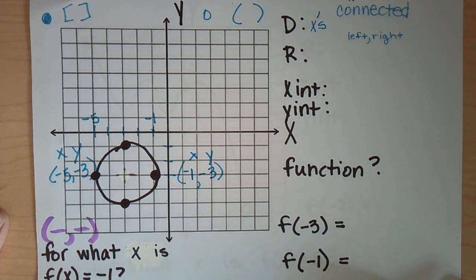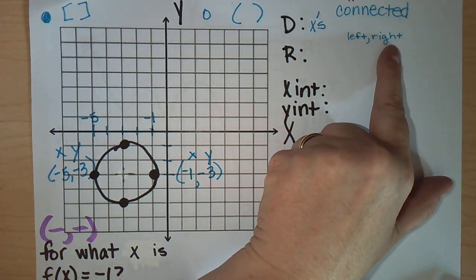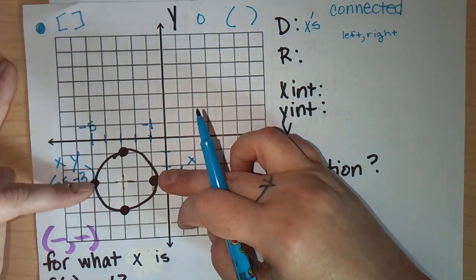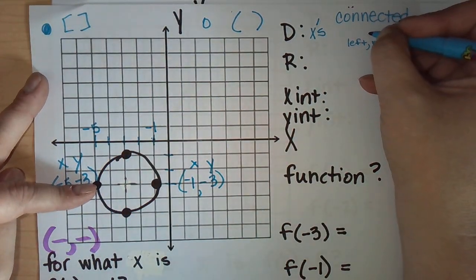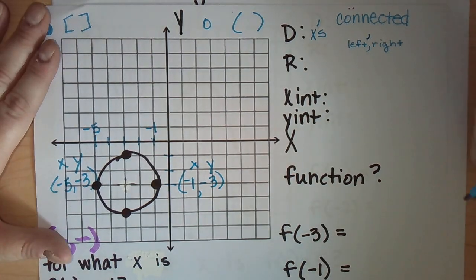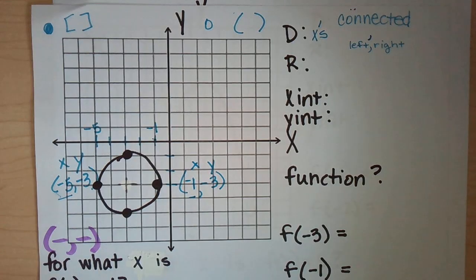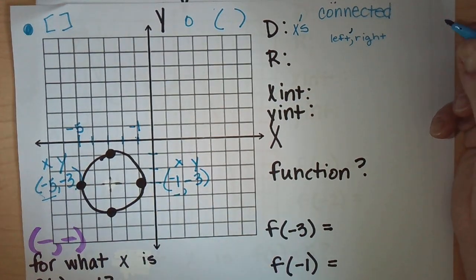Okay, so domain, when stuff is connected, is just the left and the right. That's why I only labeled the left dot and the right dot. That middle junk is going to be taken care of by the comma. Okay, so let's look at our x's. I have a -5 and a -1. Which one's the smallest, or the leftmost, or the most negative?